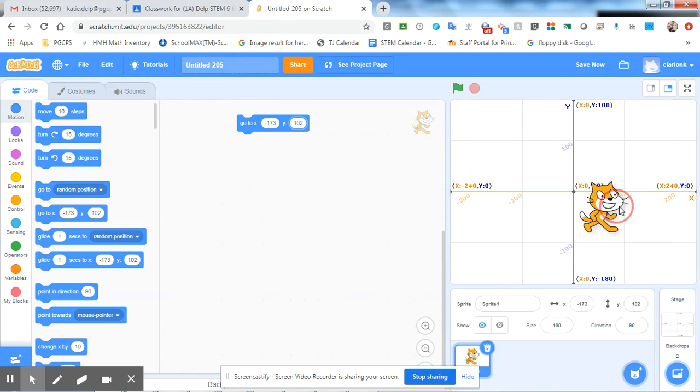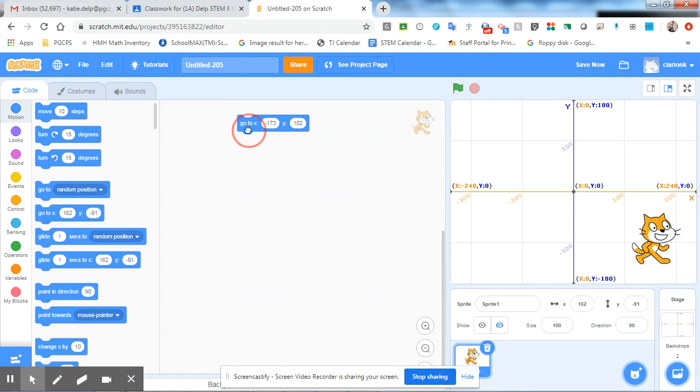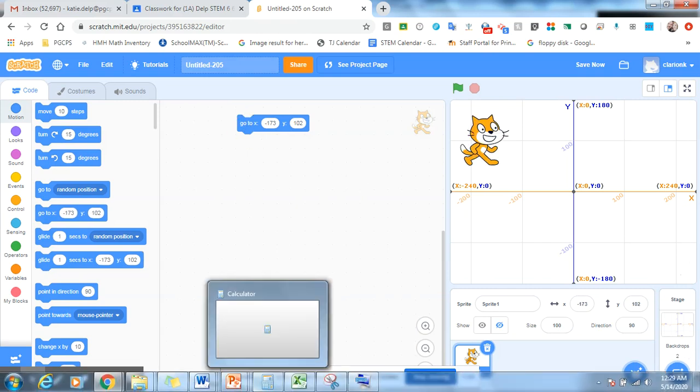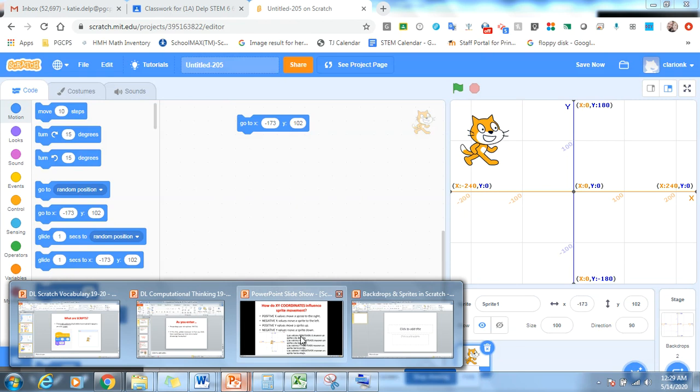Okay, I'm going to move him someplace else. And you can see anytime I click on that block, he's going to go to that point that I plotted, those two coordinates. Okay, so this is one way that math is related to coding, especially video game design.